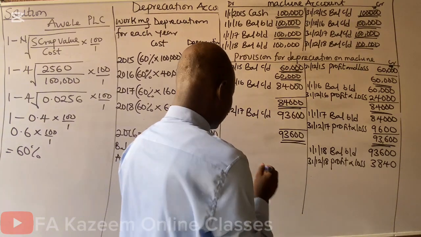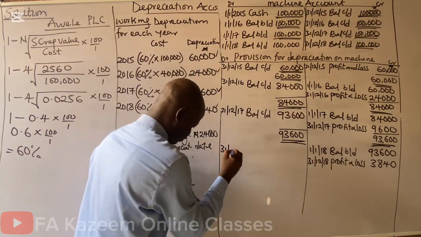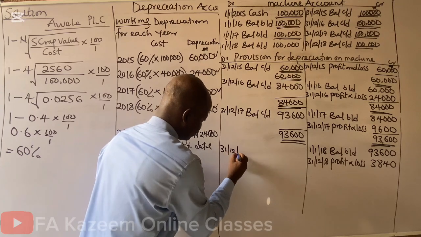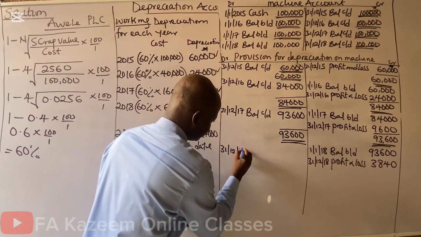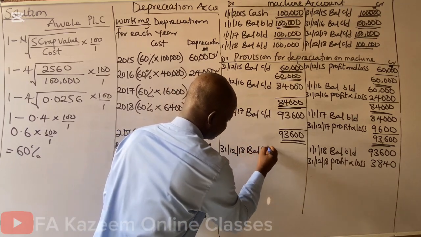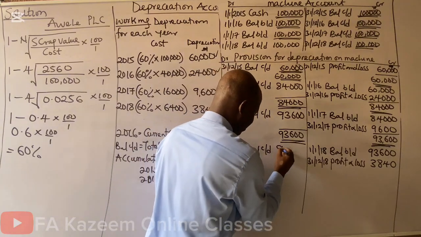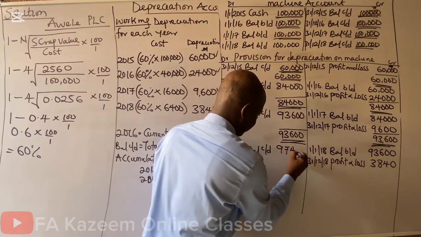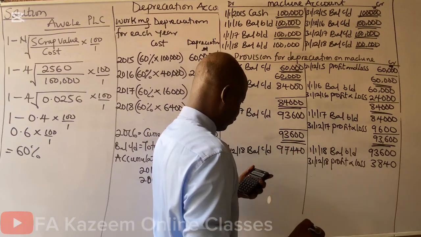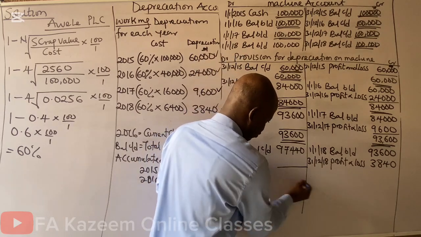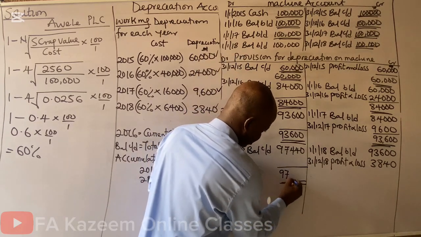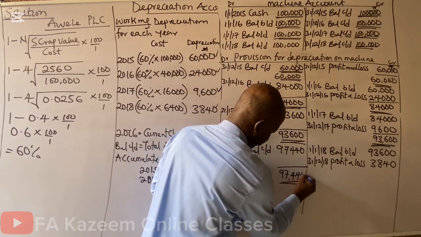We have set aside a total sum of 97,440.